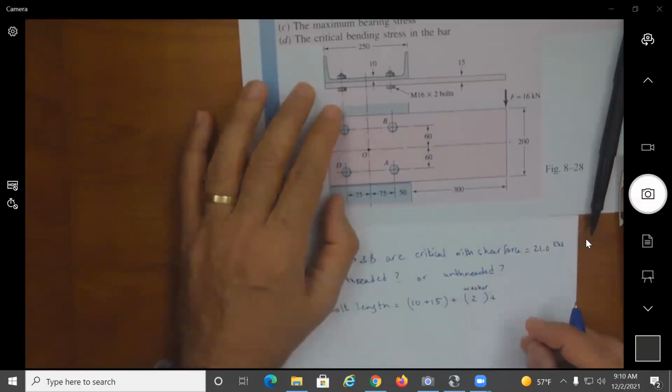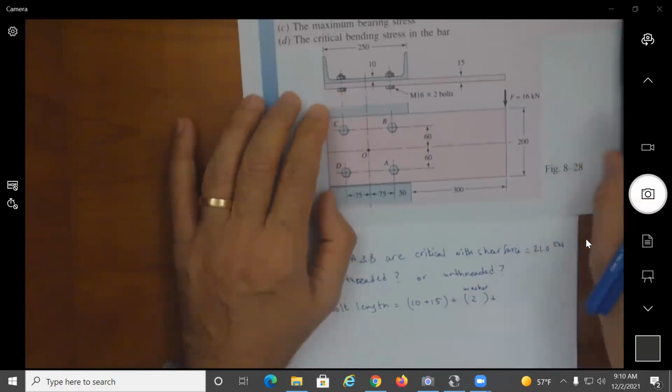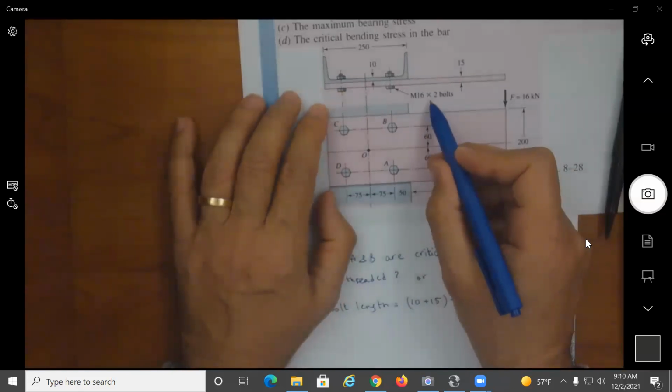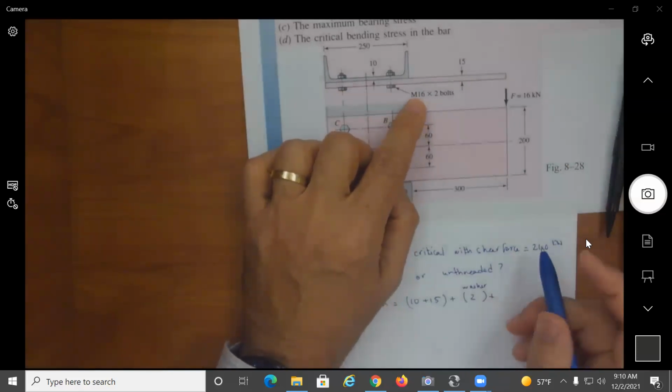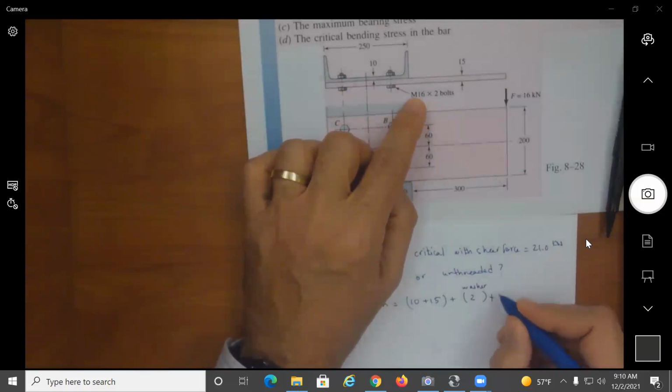Remember here, we are given that these are M16 by 2 bolts. So if I look for M16, I will find from table A31 the nut height to be 14.8 millimeter.